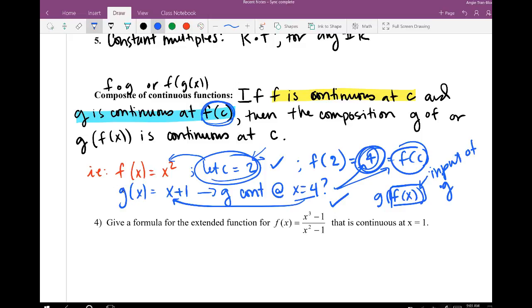And the input is where it needs to be continuous, right? So its input is the location, horizontal location, I should say. Just like this one, f is the function, c is the input, a horizontal value that it needs to be continuous at. So that's why g is continuous at f of c. Then the composition would be continuous at c as well.